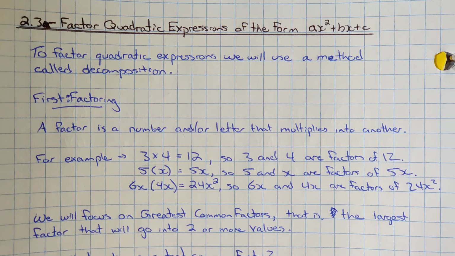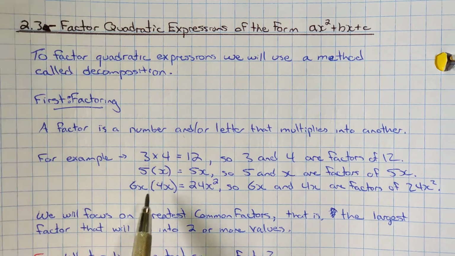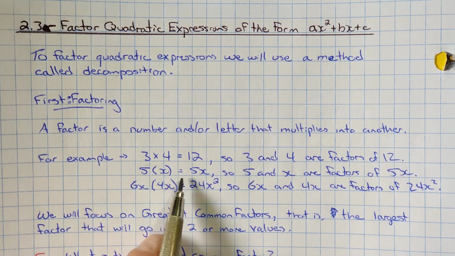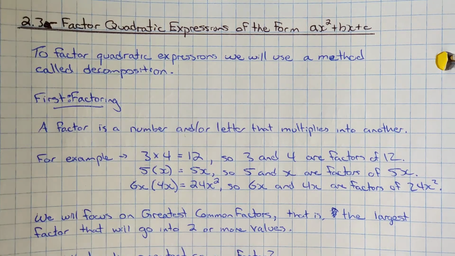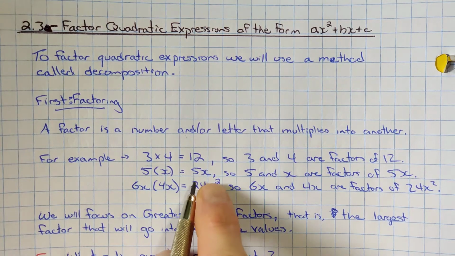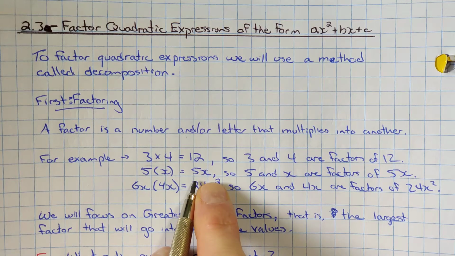So what about numbers and letters now? Because we are working with some variables, so we need to be able to understand those too. So if we take a look at 5 times x, and I use the brackets just so we don't get the confusion with the x and the times sign. So 5 times x, we generally just write that as 5x.